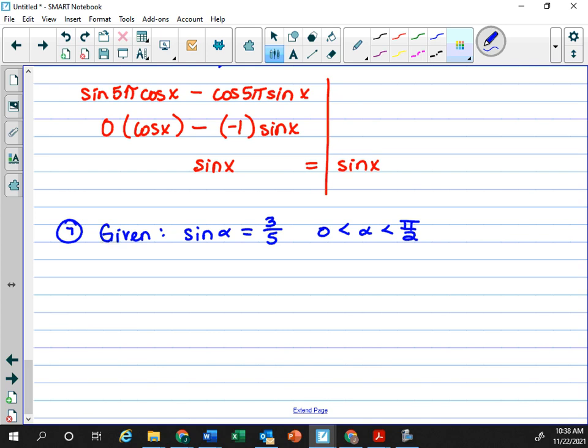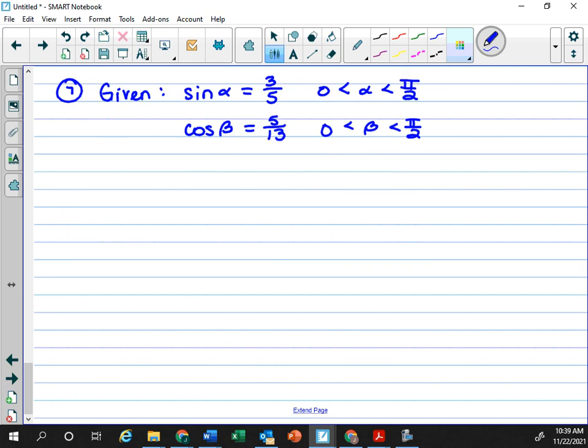You are also given that the cosine of beta is equal to 5 over 13, and again, 0 is less than beta is less than pi over 2. I will tell you what all of that means.